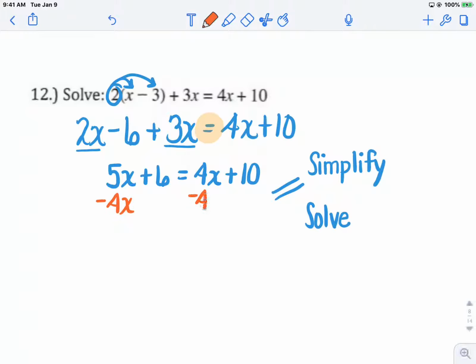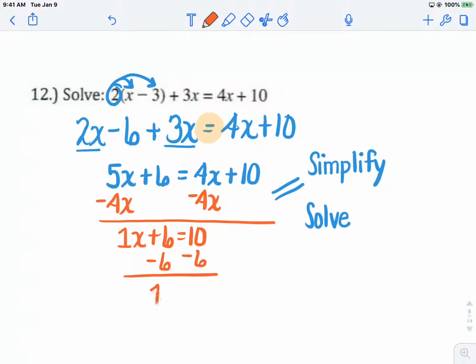In my case, I'm choosing to subtract the 4x's. You could also subtract 5x's from each side. So I will have 1x, or just x, plus 6 equals 10. Then subtracting 6 to get that x term alone, I've got that 1x, which is really just x, is 4. So if you want to think in those terms, our x value's 4.